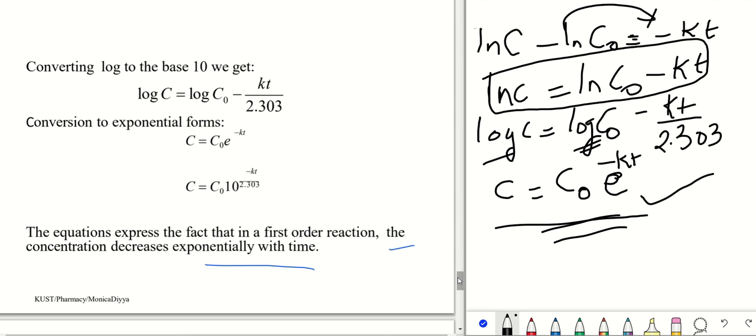And when we do this conversion to the base 10, the equation turns out to be like this. Now let's see.